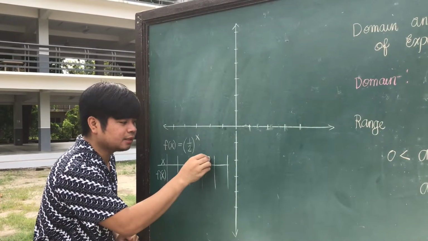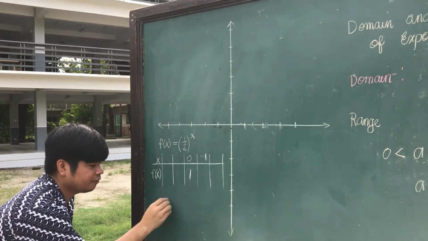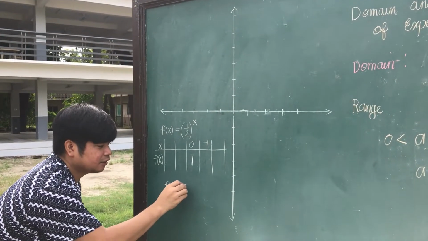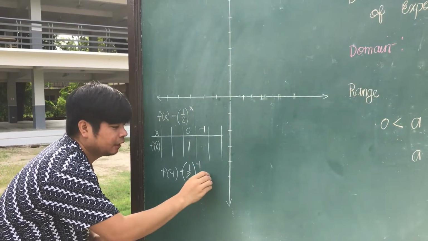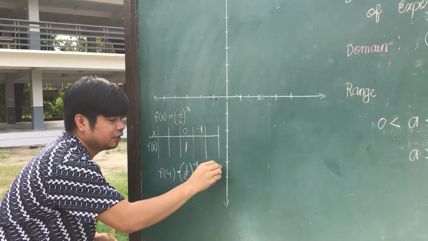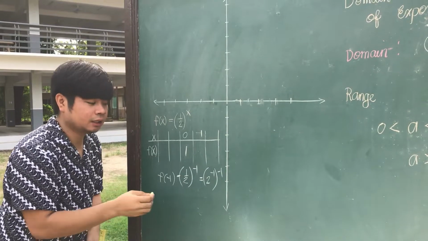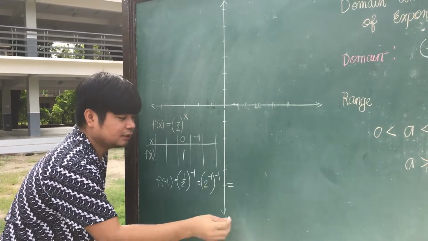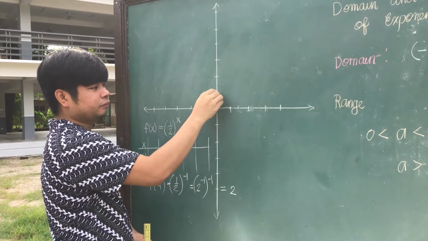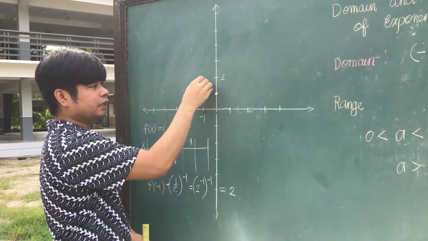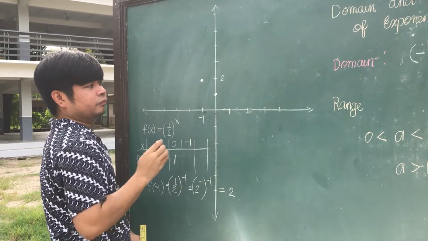And when x is negative 1, f of negative 1 is equal to 1/2 raised to negative 1, which gives you 2 raised to negative 1, raised to negative 1. I'm just applying the rule of exponents, and that is equal to 2. So if this is negative 1, it will immediately provide you 2.